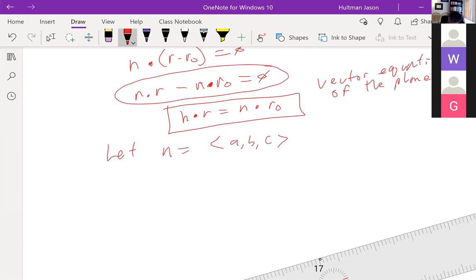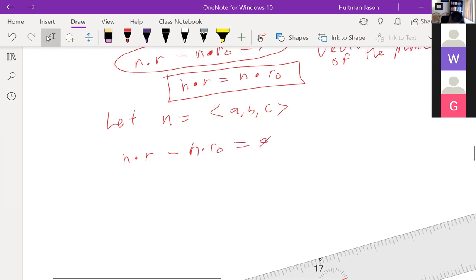We would have n dot R minus n dot R naught is equal to 0. And so we're going to say a, b, c dotted with R minus a, b, c dotted with R naught is equal to 0.